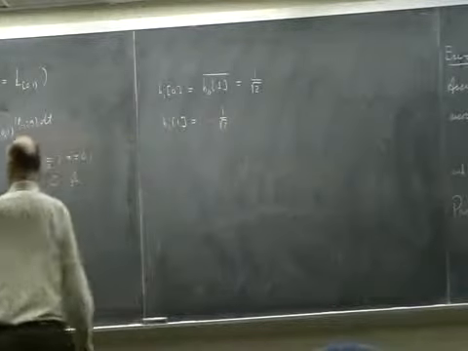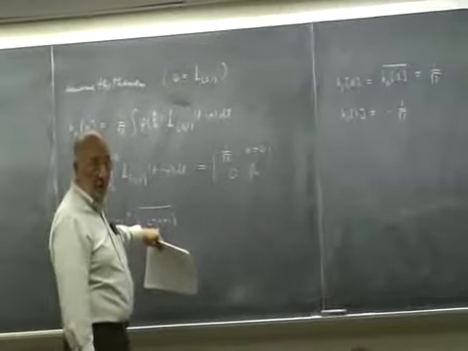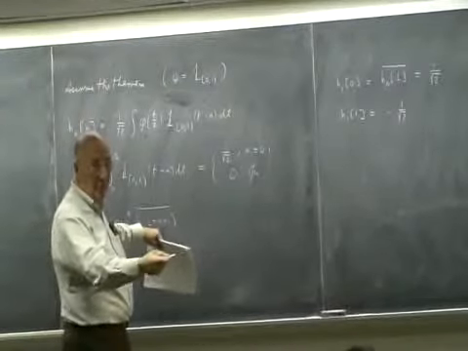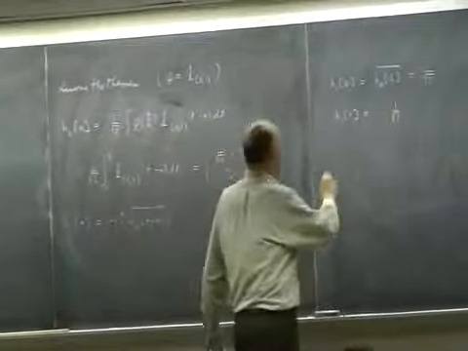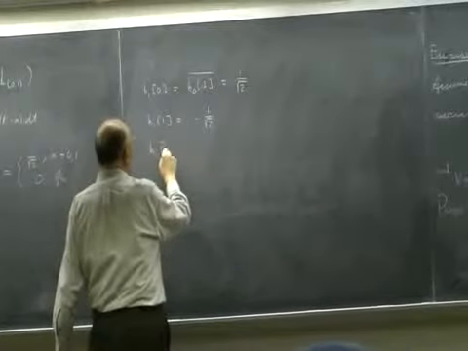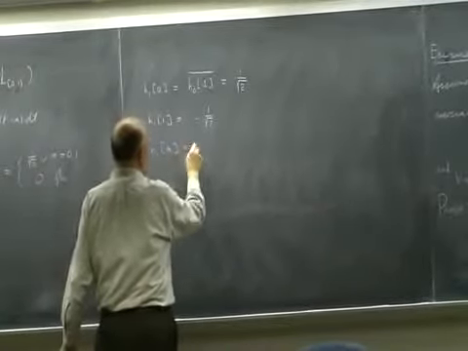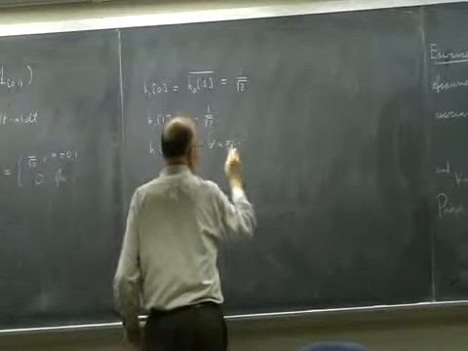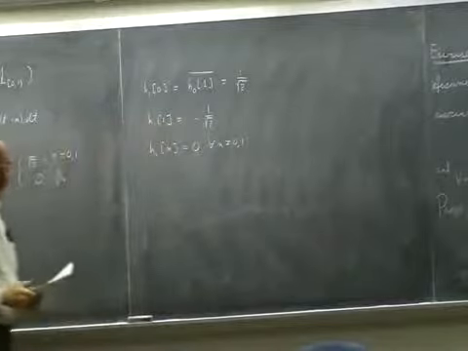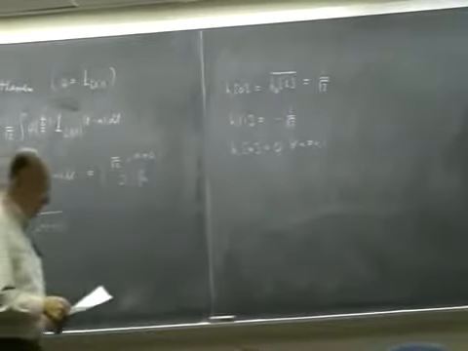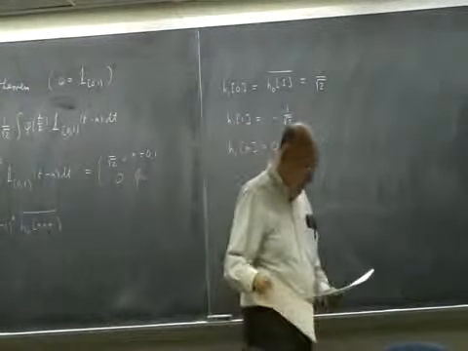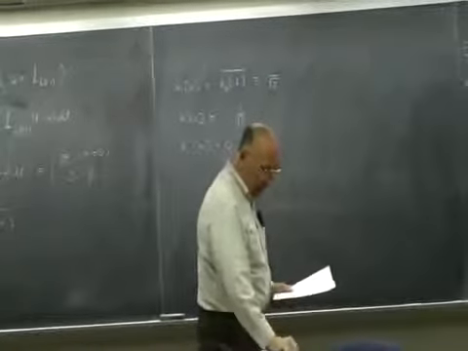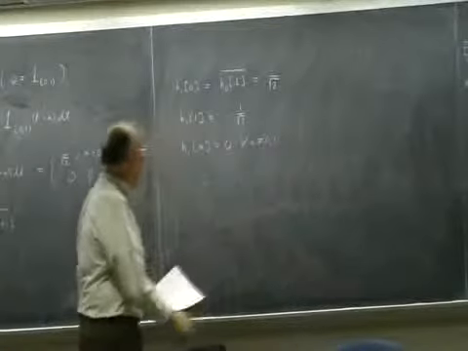And then for any other n, not equal to 0 or 1, it's going to be H0 of some number that's not 0 or 1, so it's going to be 0. So H1 of n equals 0 for all other n. And so, with that in mind, we can write down our wavelet.